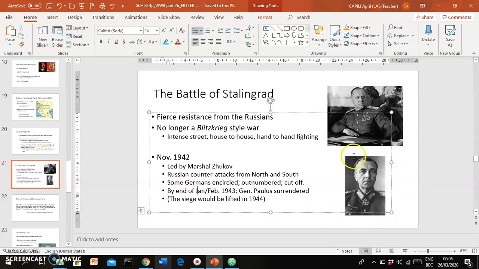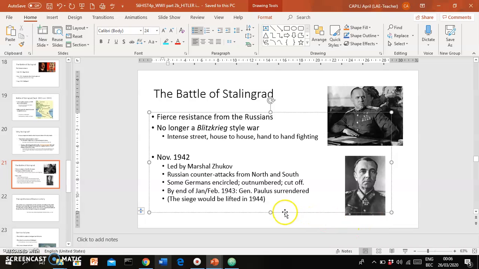General Paulus of the Germans, pictured here, realizing the dire nature of the situation for the Germans, he would request to surrender. He would communicate this request to Hitler a couple of times, and Hitler would say, no, you have to stand your ground, fight to the bitter end.